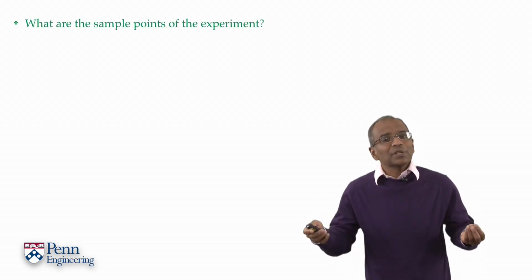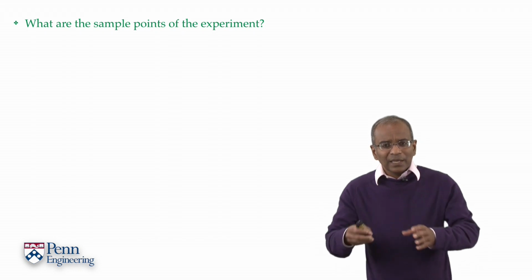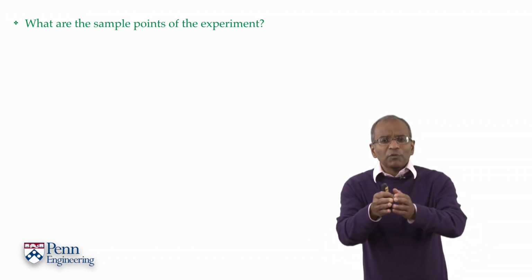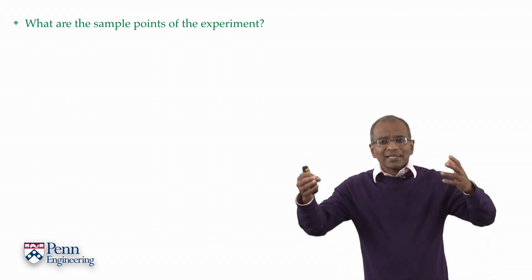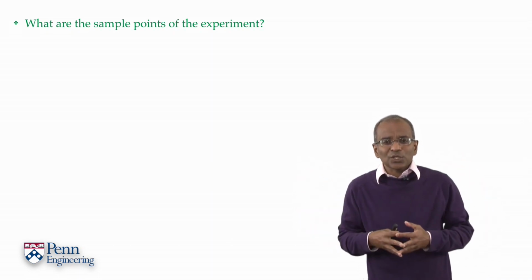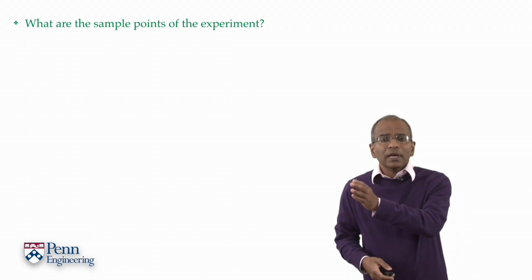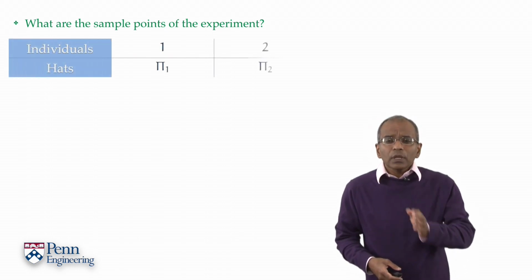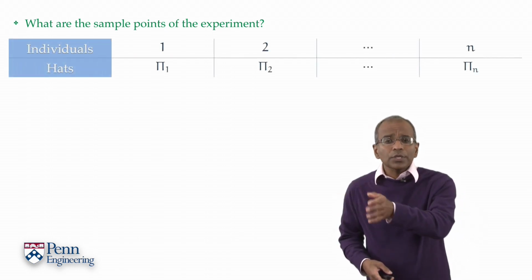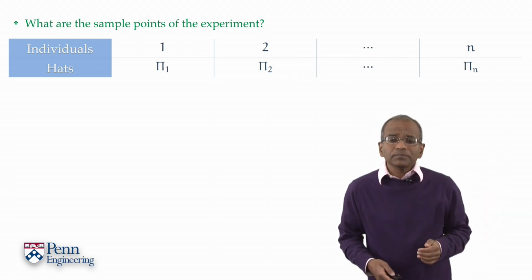What is our starting point? Inevitably, what is the sample space for the problem? Well, let's strip the problem of all the irrelevant trappings, hats and sailors and individuals and so on and so forth. What do we have at heart? We have n individuals. Let's label them, give them names, 1, 2, 3, up through n.